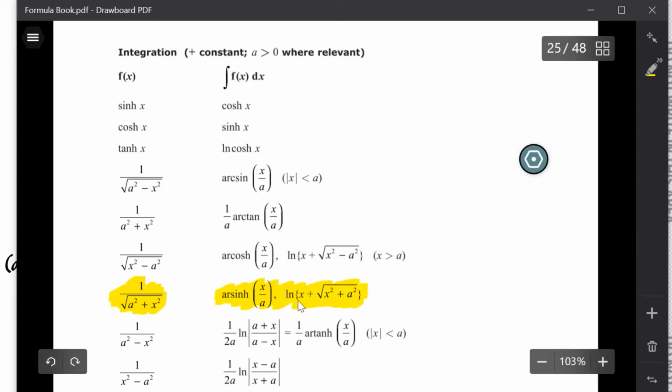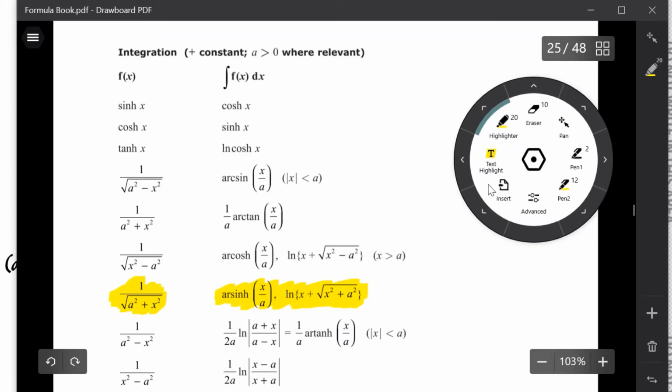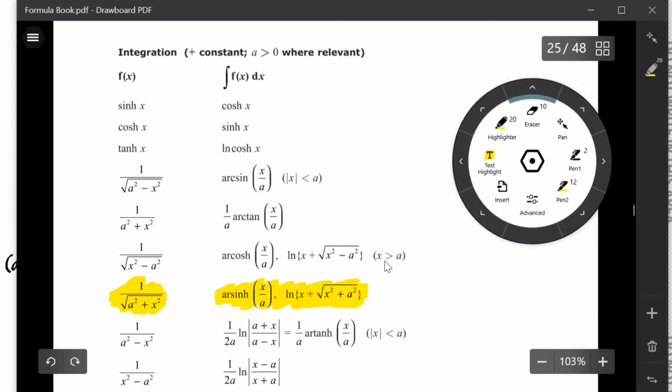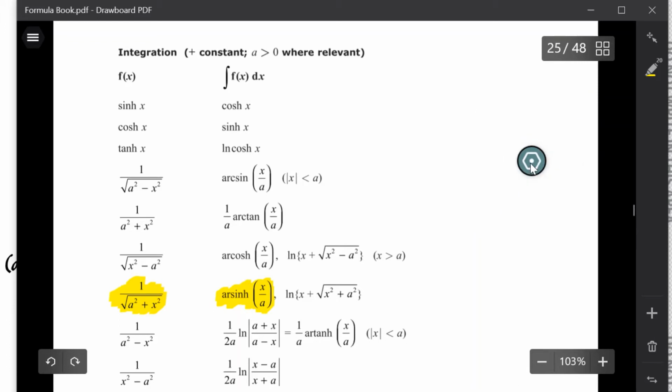And the reason for that is because in the question we had an inverse hyperbolic sine. So if we integrate 1 over the square root of a squared plus x squared, we get the inverse hyperbolic sine of x over a.